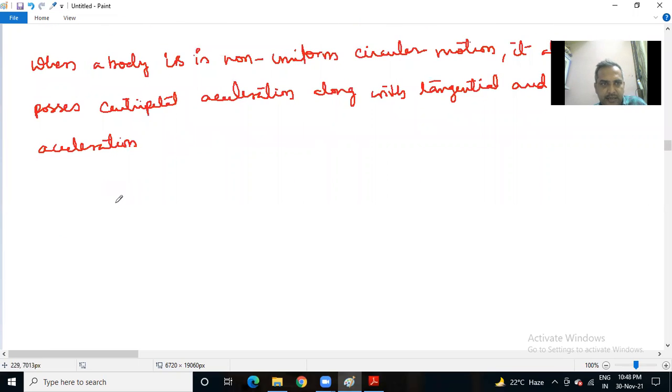So you can say center-seeking acceleration always acts towards the center. Center-seeking acceleration is centripetal acceleration.